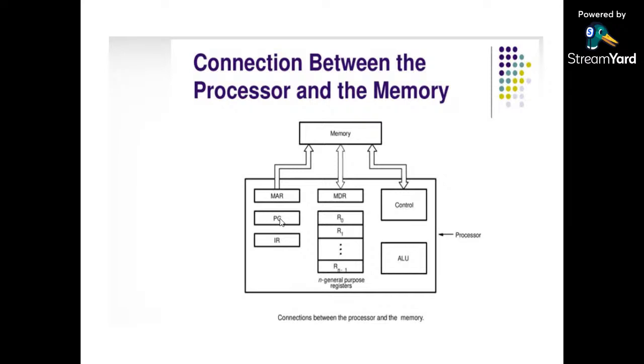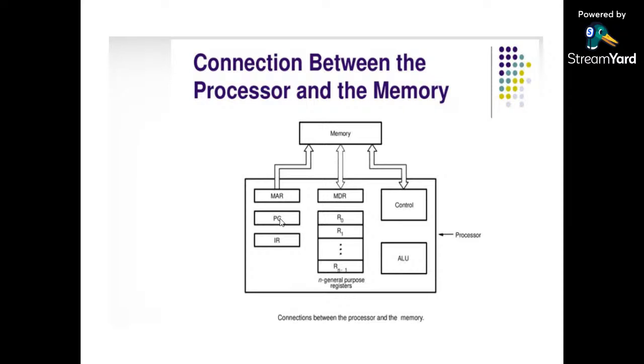This is the main difference between the memory address register and the program counter. The program counter will always specify the address of the instruction which is going to be executed next, and MAR will always contain the address of the instruction which is currently being executed. This thing is very important, and it must be very clear.